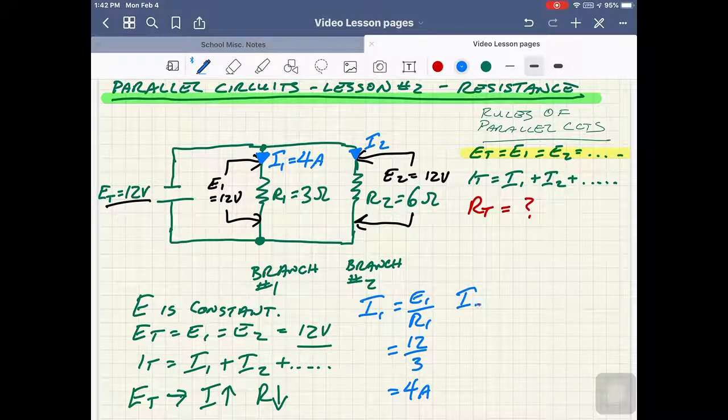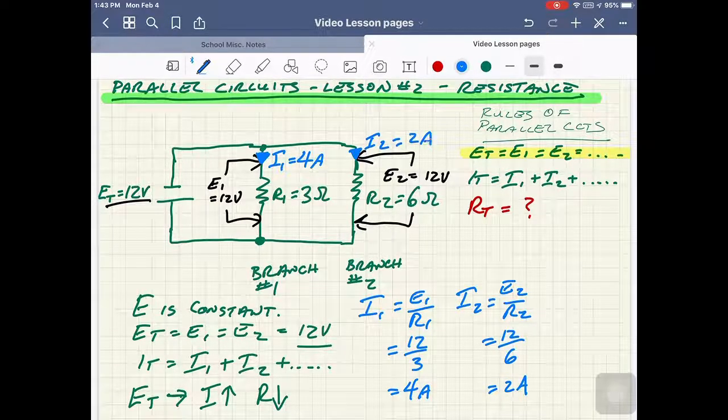And I2 is going to be E2 divided by R2. 12 volts again, because that's the characteristic of a parallel circuit. 6 ohms is the value there, so we have a current flow of 2 amps flowing through I2.